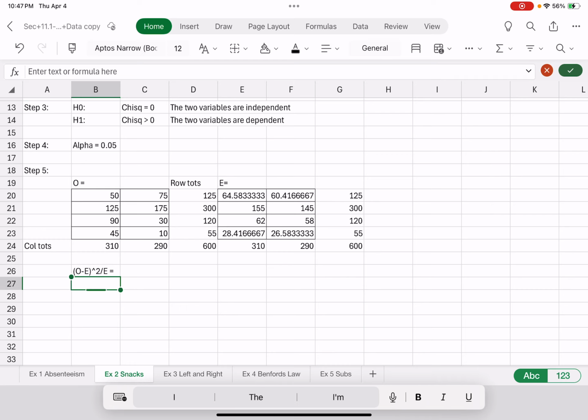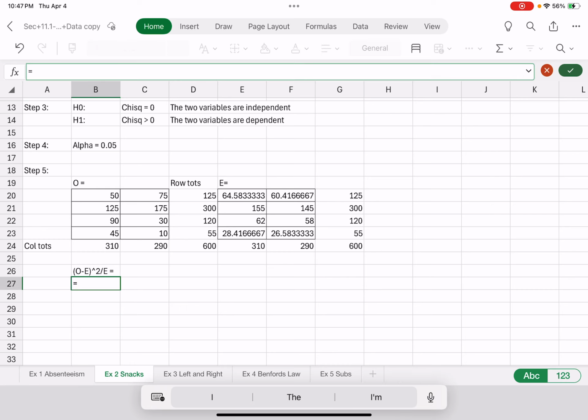Okay, I'm going to go equals, parenthesis, O minus E, close parenthesis, quantity squared, divided by E, right there. Okay, and I'm going to be copying, I'm going to be filling this all around, and I want all of those cells to change as I change which cell that is housed in.